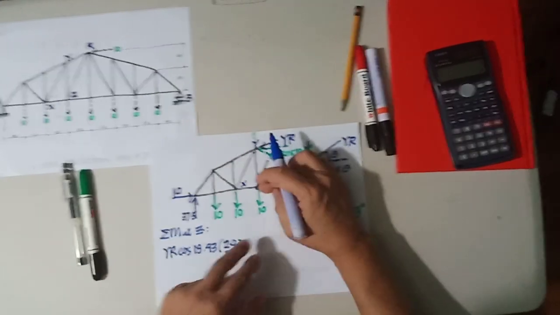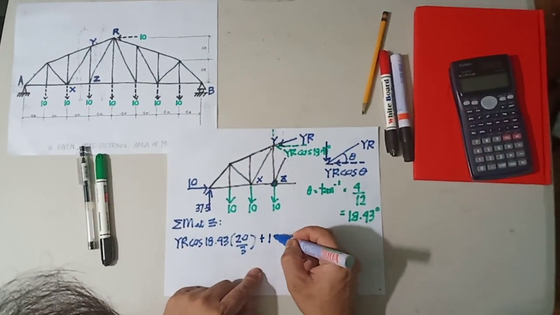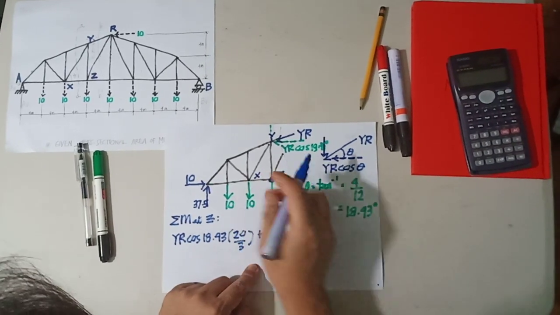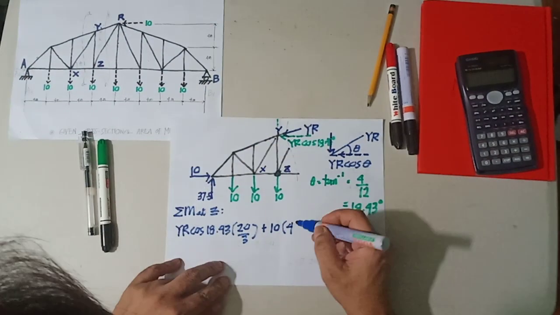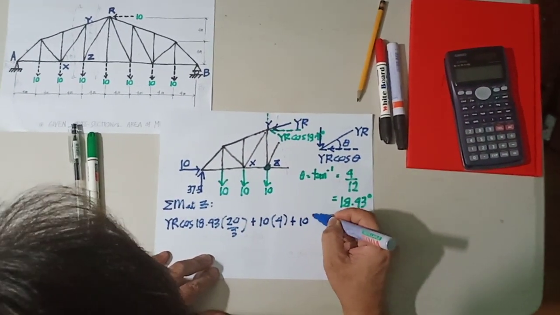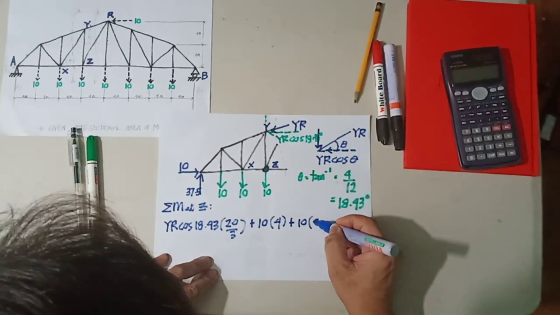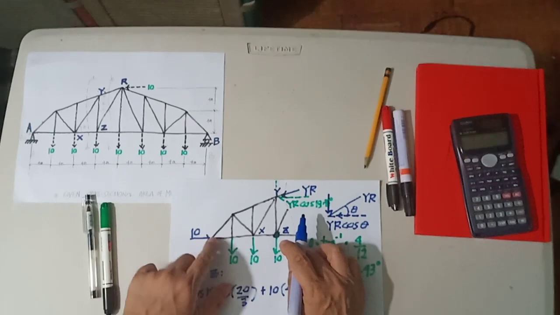Okay? The other ones are also this one. You have 10, you have 10. You multiply it by that distance, which is 4. It's already given, it's a distance of 4. Plus 10, another 10. You multiply it by that distance, which is 8. Which is equivalent now to 37.5.